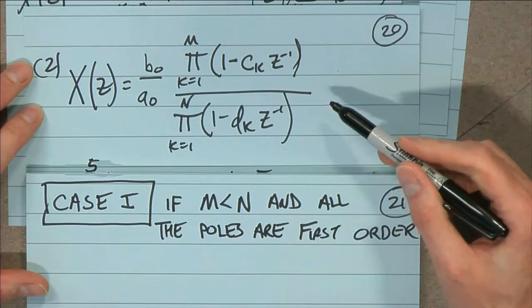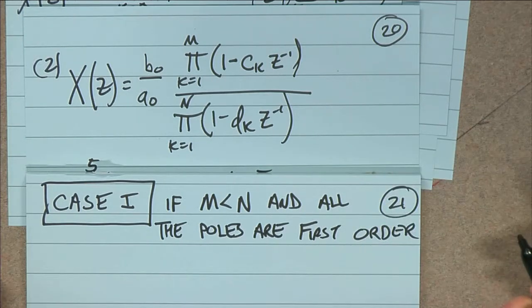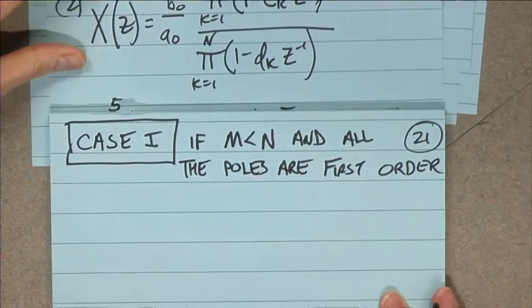So if you have our expression here, and m is less than n, and all the poles are first order, we're going to go through how to extract that expansion.